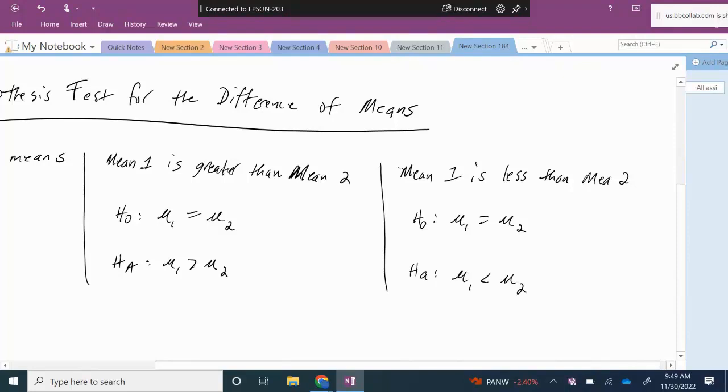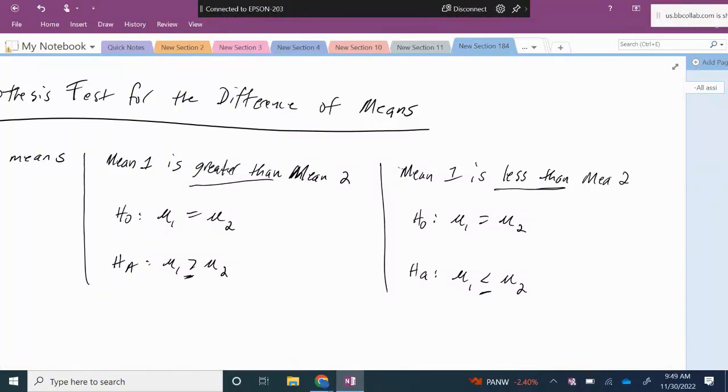Notice that in one setup the alternative hypothesis inequality is greater than, and for the next setup, the inequality is less than.